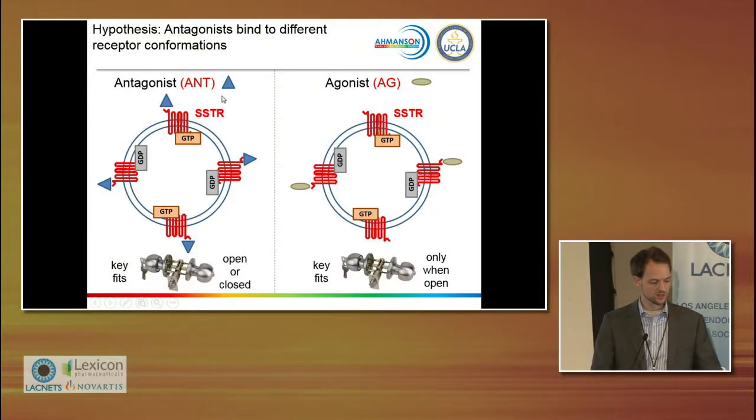On the left side, you can see the antagonist, a neuroendocrine tumor cell, the somatostatin receptor on the surface. And a neuroendocrine tumor cell always has different receptor conformations. So there are activated receptors and deactivated receptors. To put this simpler, if you look at a lock, the lock might be closed or it might be open from the inside.